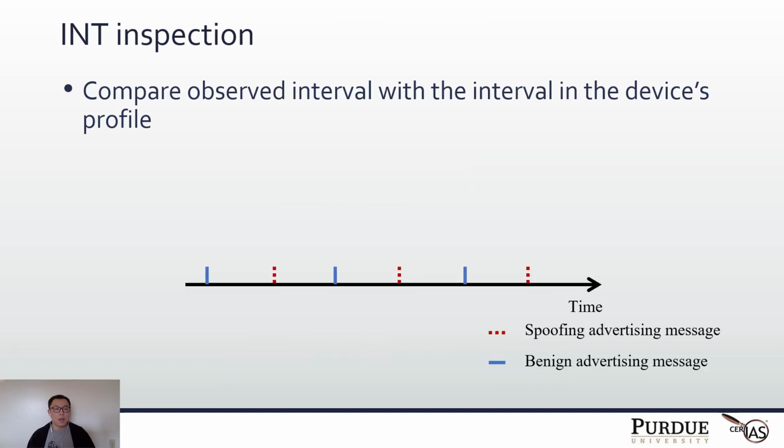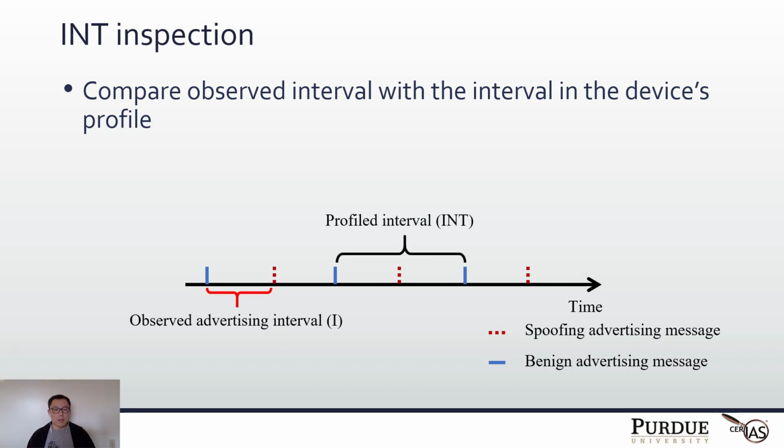The interval inspection is kind of straightforward. During monitoring, BlueShield gets the observed advertising interval and gets the interval from the device's profile. Then it compares these two values to check whether the observed interval is smaller than the interval in the profile.